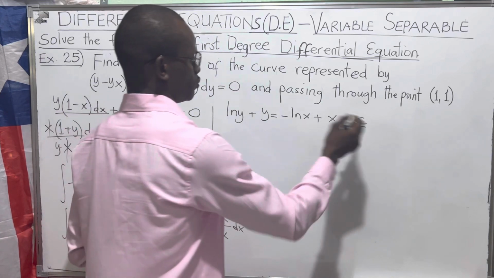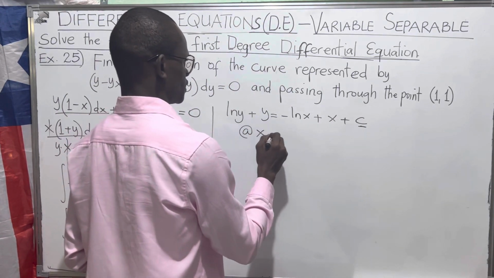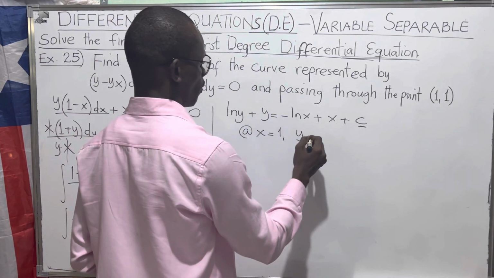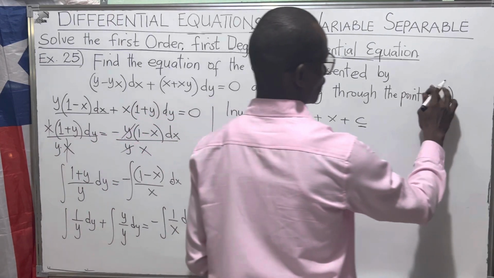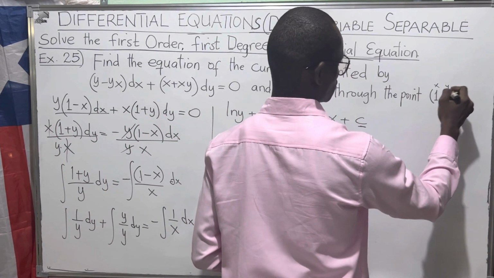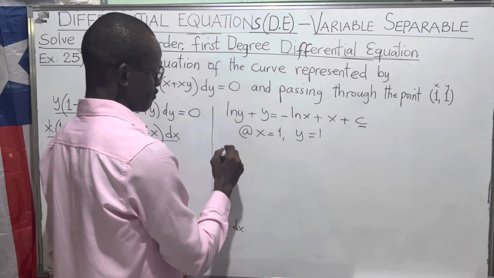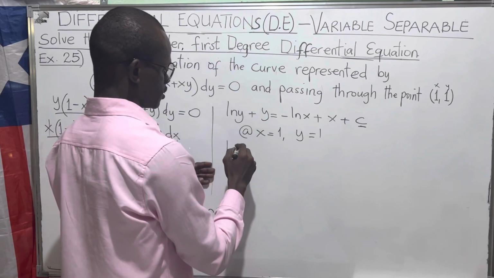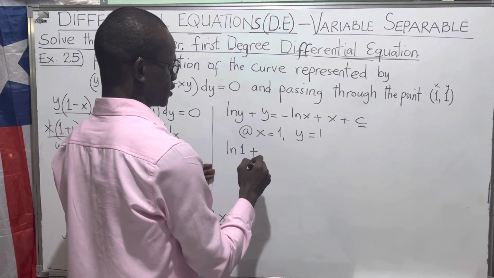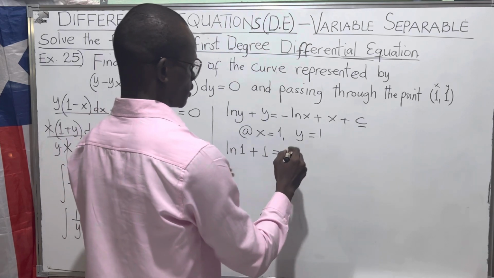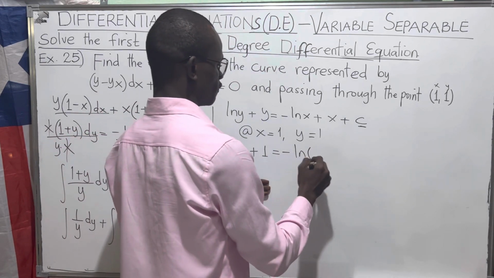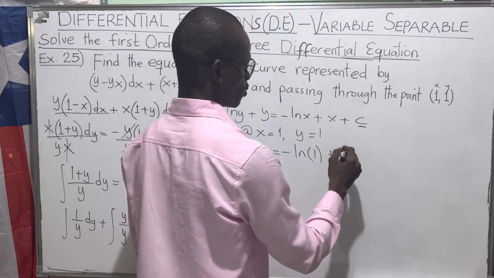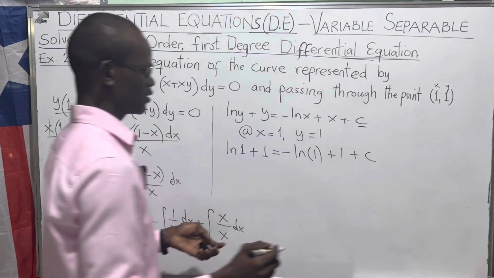So we say x is equal to 1 and y is equal to 1, because the point 1, 1 is x, y. So what do we have? We have the ln of 1 plus 1 equals negative ln of 1 plus 1 plus arbitrary constant c.